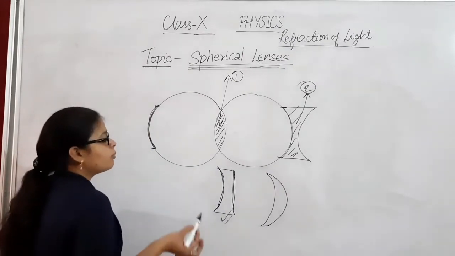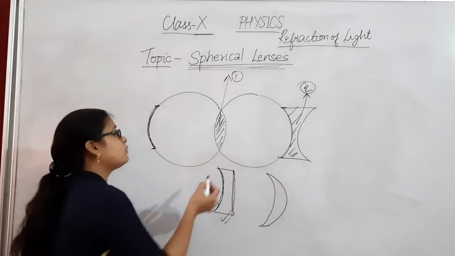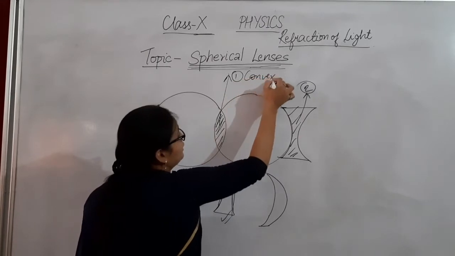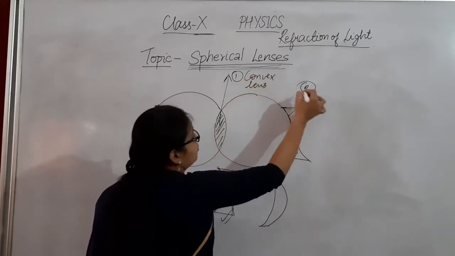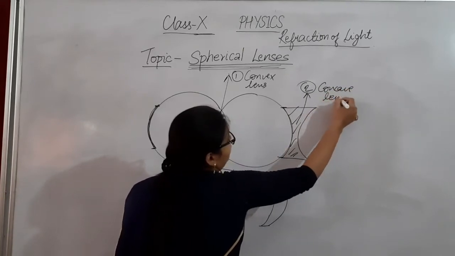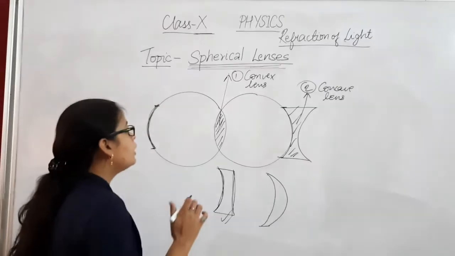Now, for the experiment, the types of lenses we have to study are number 1, convex lens, and number 2, concave lens. These two lenses we have to study.